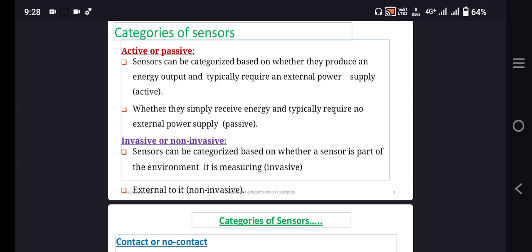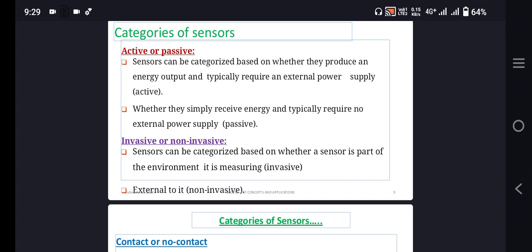Sensors can also be categorized based on whether they produce an energy output, or whether they require an external power supply or not. This category is divided into active and passive. If they require an external power supply to produce the output, they are called active; if they simply receive energy and require no external power supply, they are called passive.